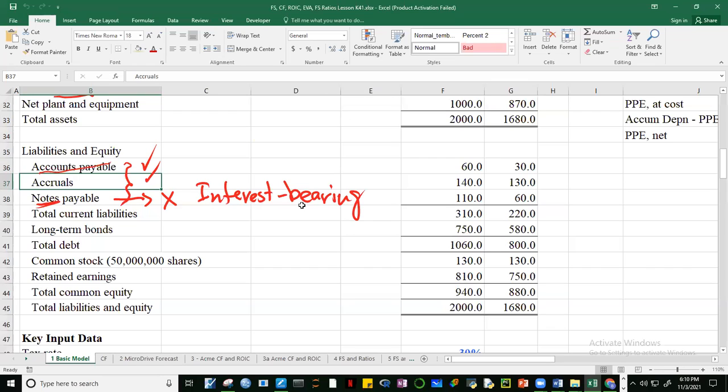We said that if it's interest bearing, operations does not have any control over that. So since operations does not have any control over that, then it's unfair for operations to be assessed for something that they don't have any control of. So of these three current liabilities, only two form part of your operating current liabilities.